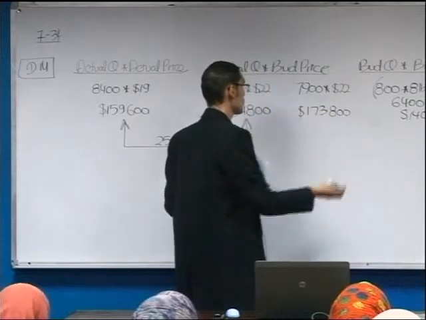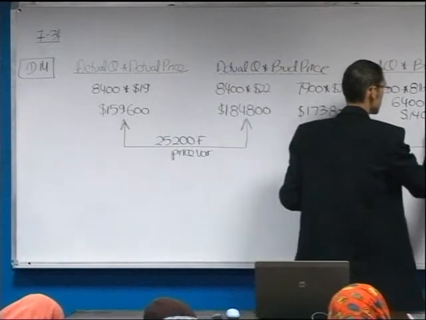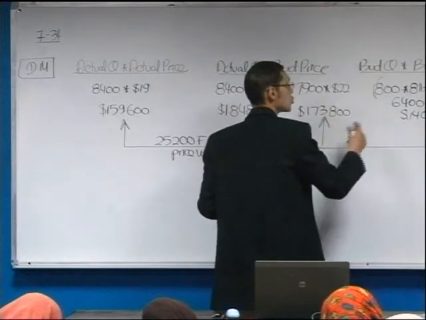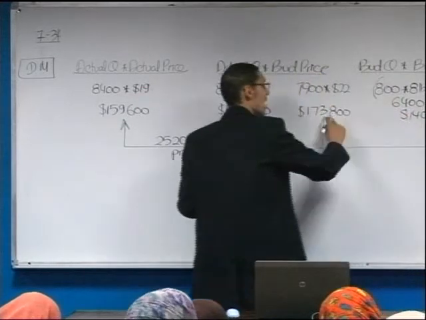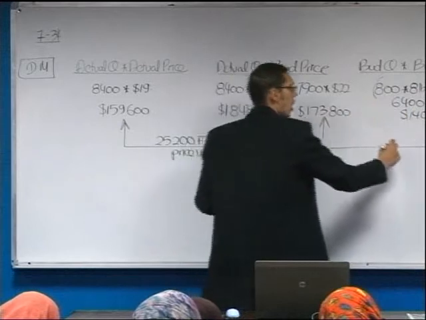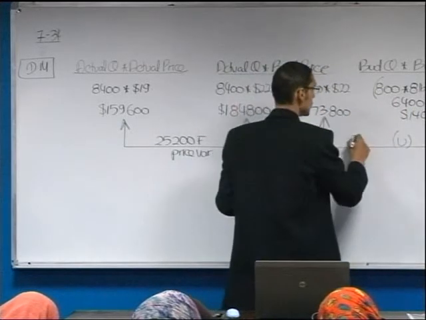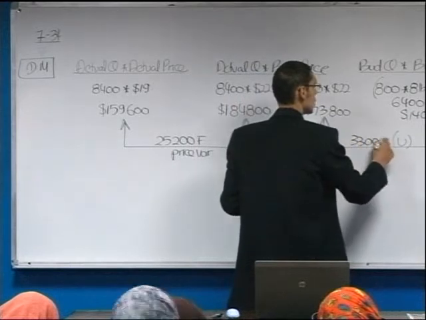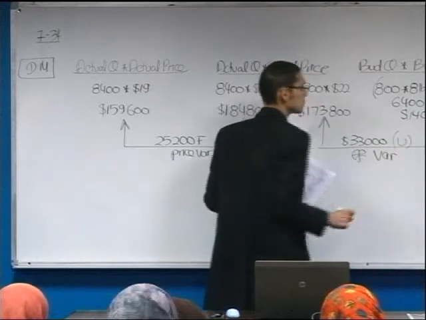Therefore, we would have an efficiency variance. Of course, we should have incurred only 140,800, but we have incurred higher costs, therefore unfavorable efficiency variance by the amount of $33,000, which is an efficiency variance.